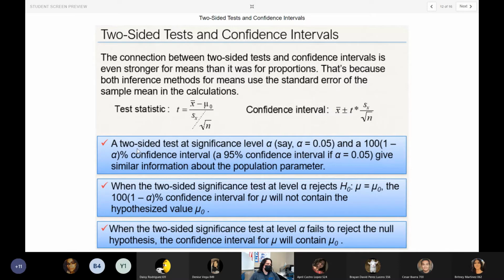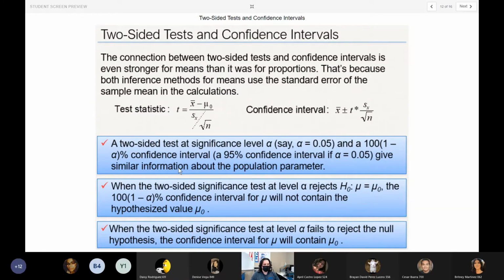That's what makes their connection so strong. So what this does is that when you have a two-sided test at significance level alpha, suppose alpha equals 0.05, and a 100 times 1 minus alpha percent confidence interval, a 95% confidence interval if alpha equals 0.05, it gives similar information about the population parameter.